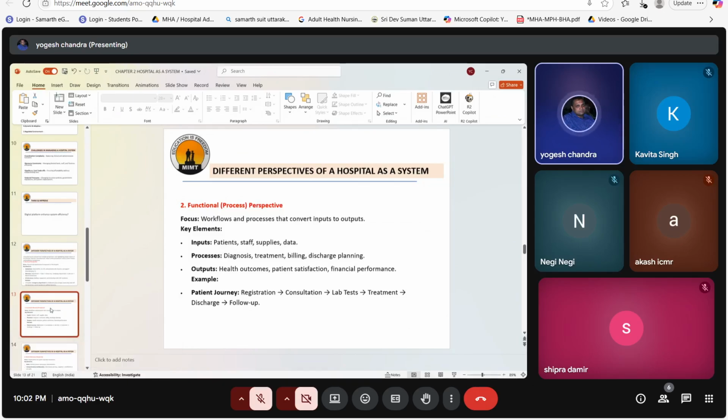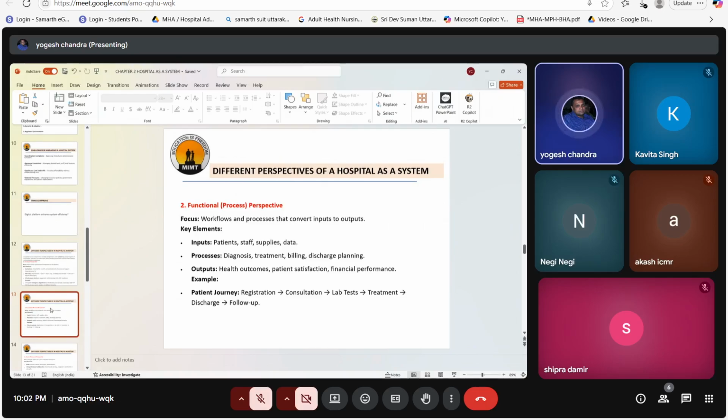Again, he comes back to the consultant and shows the investigation report, and then the consultant advises the treatment, sometimes medical, sometimes surgical. Some patients need admission, so they are admitted. Then after completion of the treatment, they are discharged.